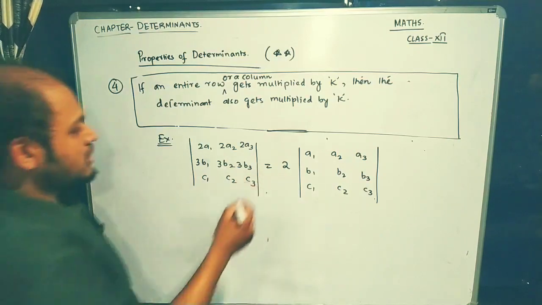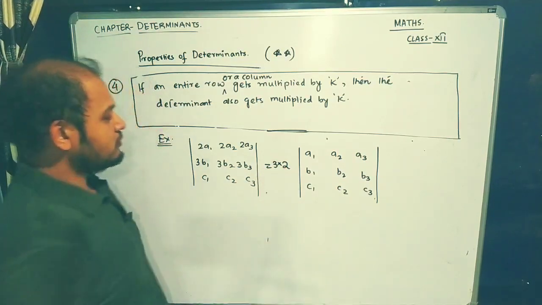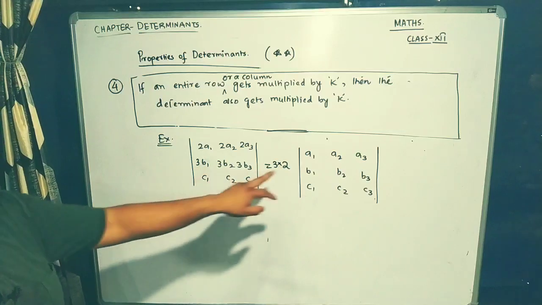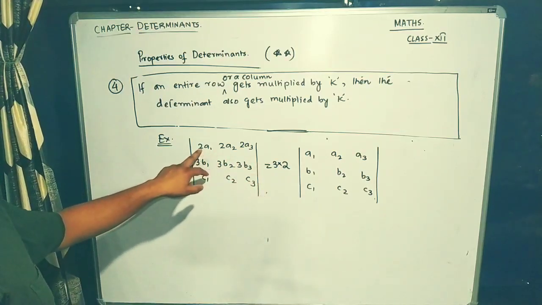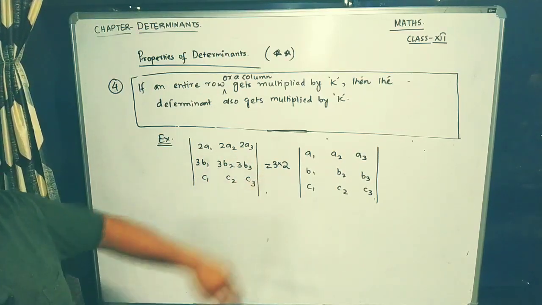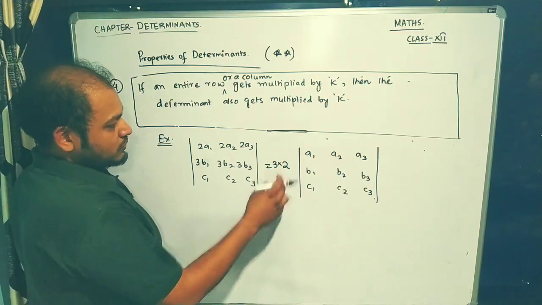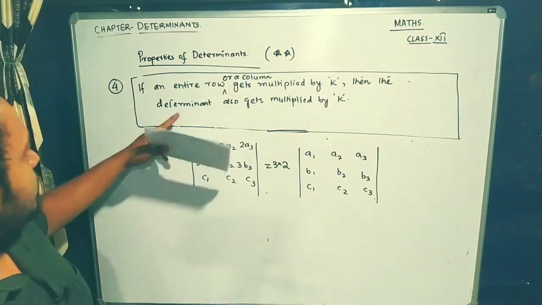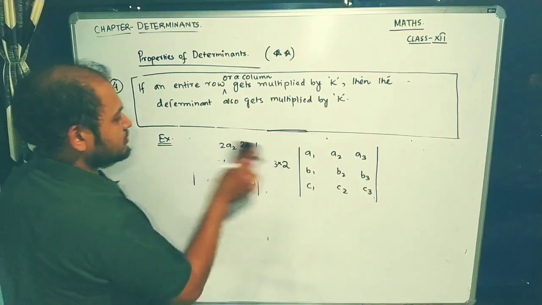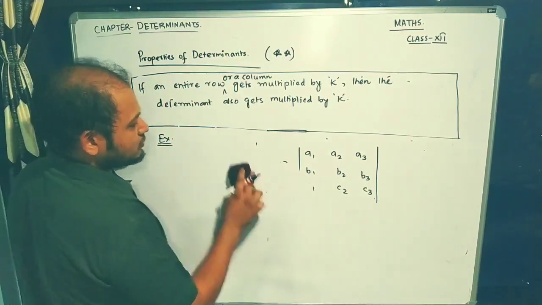In this position you would have 3 into 2. You could have taken 3 outside the determinant as a common factor, and in the similar way you have chosen 2 here as well. Okay, so 3 into 2 becomes 6. So this is property number 4. Let me give you another example so that it becomes clearer to you.